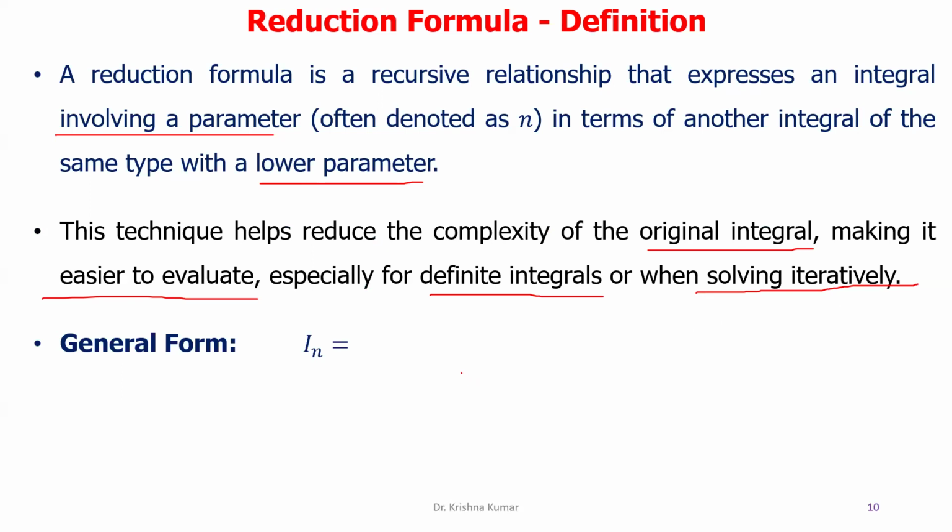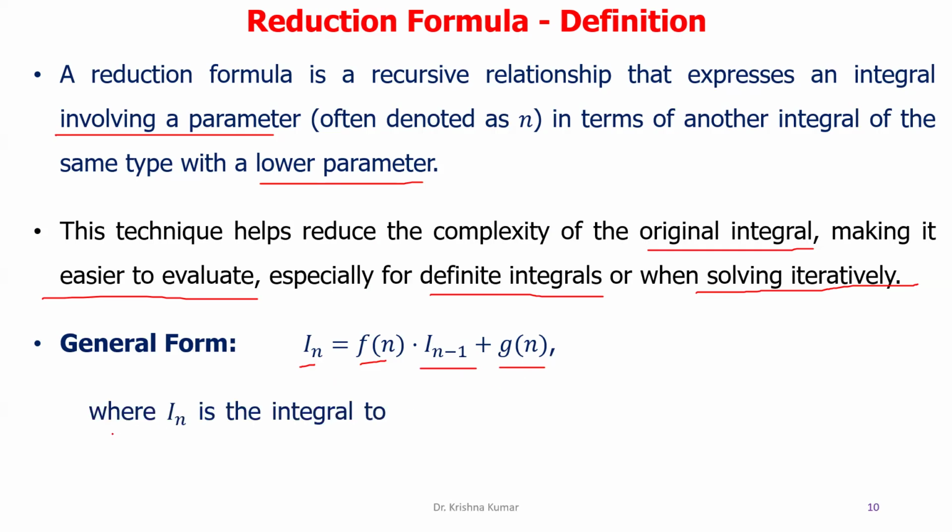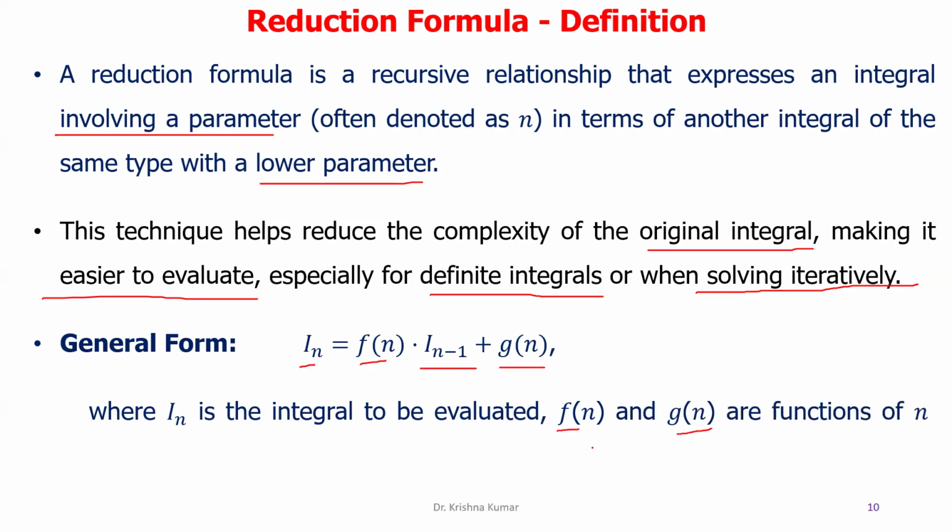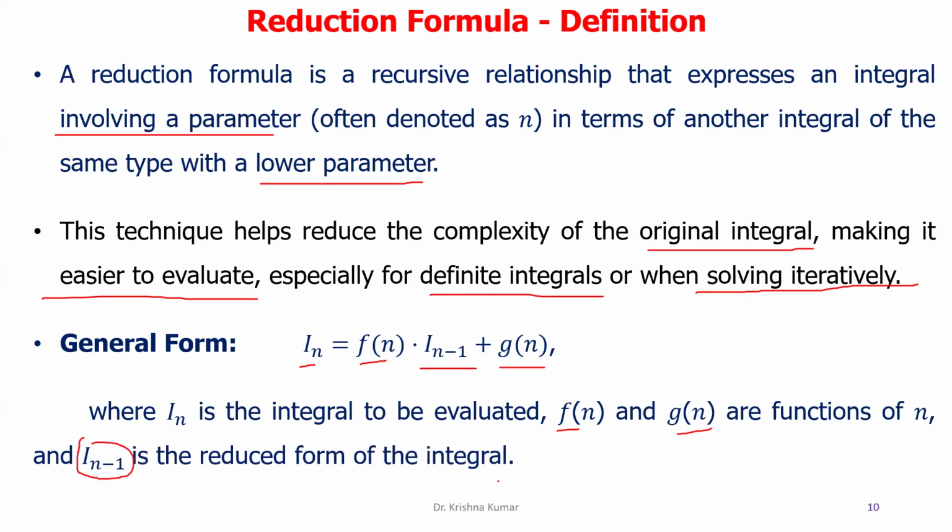General form of the reduction formula. It is written as In = f(n) In-1 + g(n), where In is the integral to be evaluated, f(n) and g(n) are functions of n, and In-1 is the reduced form of the integral.